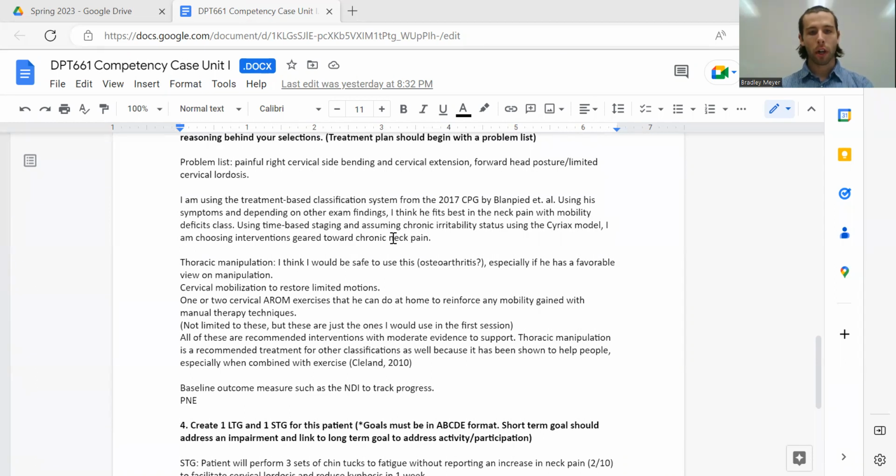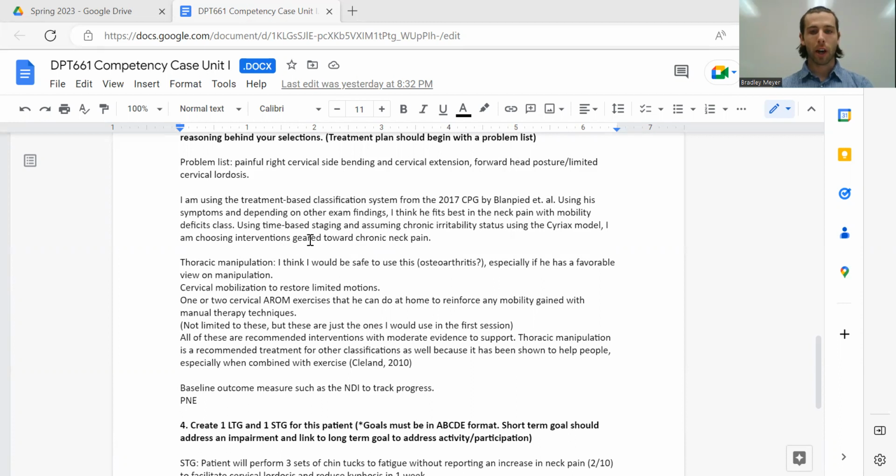And using this, I feel like this patient most closely fits in the category of neck pain with mobility deficits. And in the clinical practice guideline, it's further broken down into acute, subacute, and chronic.